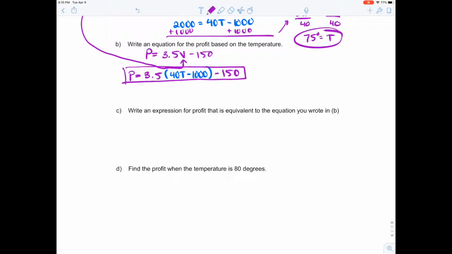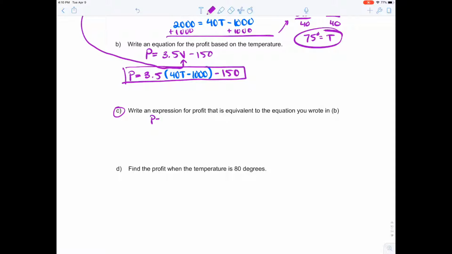This would work, but see, question C actually talks about what I was concerned about. Write an expression for profit that is equivalent to the equation you wrote in B. So I highly encourage you guys to simplify these equations, because when you simplify an equation, it's easy to use. So why not make it easier for yourself?